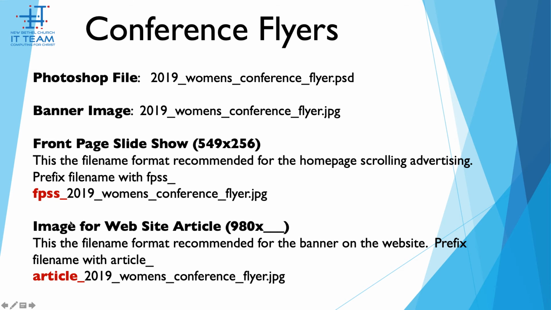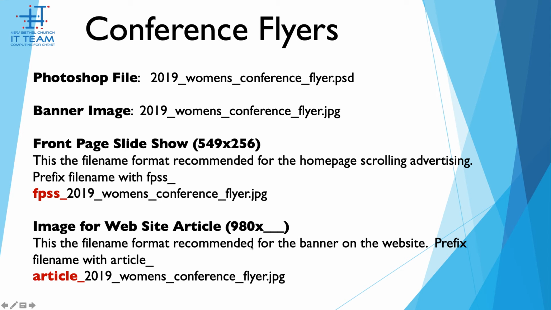Now I'm ready to upload it to the website, so I'll create another file and resize it to 980 pixels in width. It'll automatically resize the height. Don't worry about that part. But you want to concentrate on the width, from left to right, horizontally.